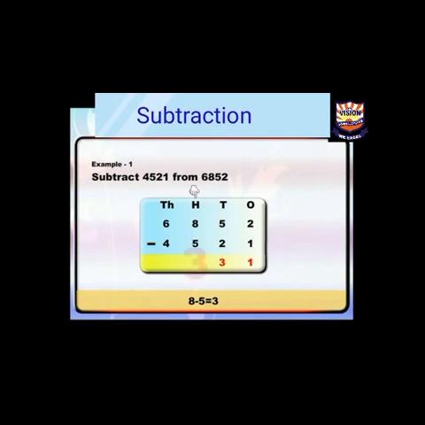When we subtract 5 from 8, the answer is 3. Now we will subtract the values of thousands, means 6 and 4. When we subtract 4 from 6, the answer is 2. Means the difference between 6852 and 4521 is 2331.